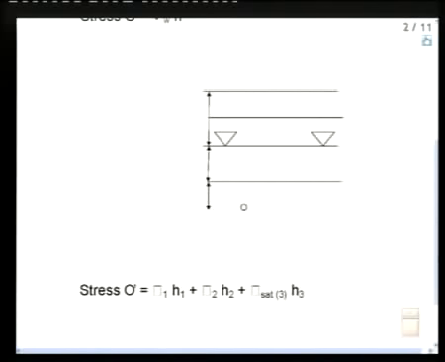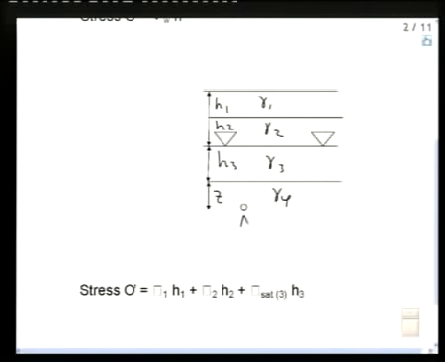Okay? Now, this is H1 gamma 1, H2 gamma 2, H3 gamma 3, Z gamma 4, right?